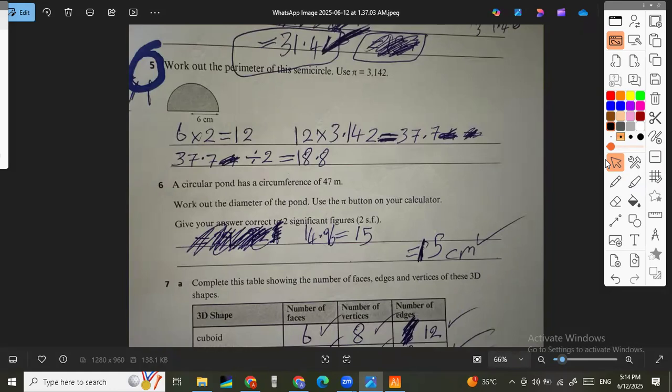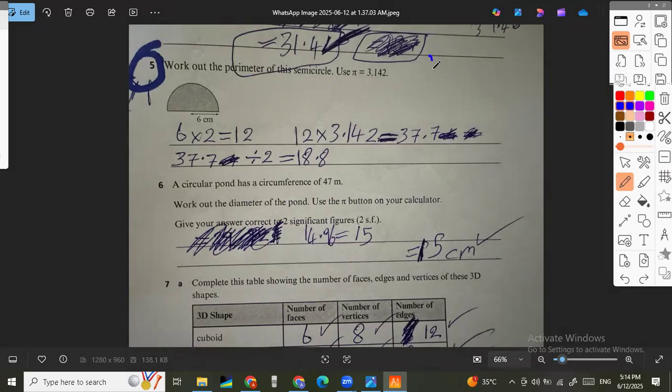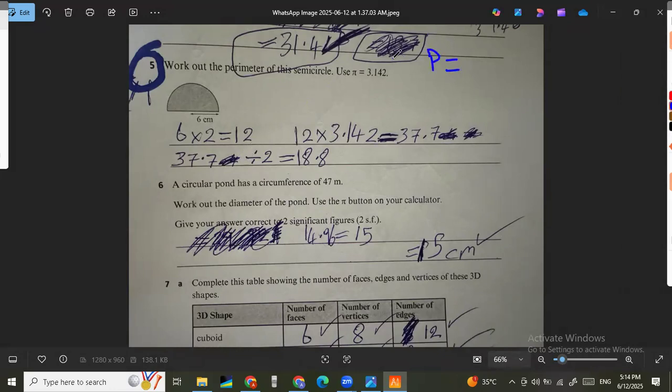The perimeter of a semicircle when pi equals 3.142. So here, what am I going to do? The perimeter of a semicircle equals pi d over 2 plus d. What is the diameter here?